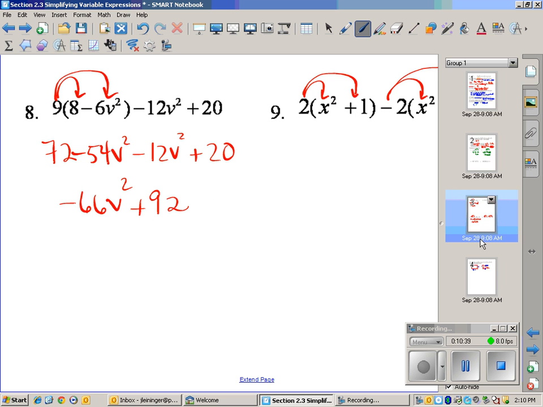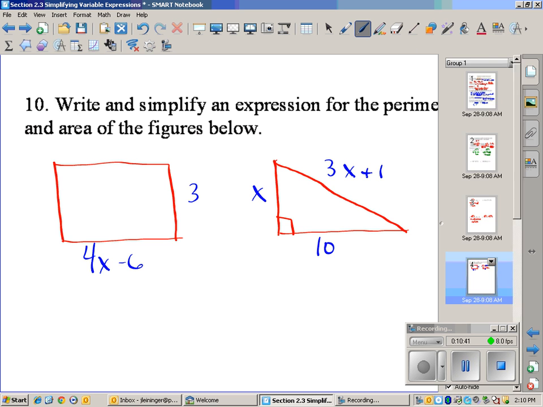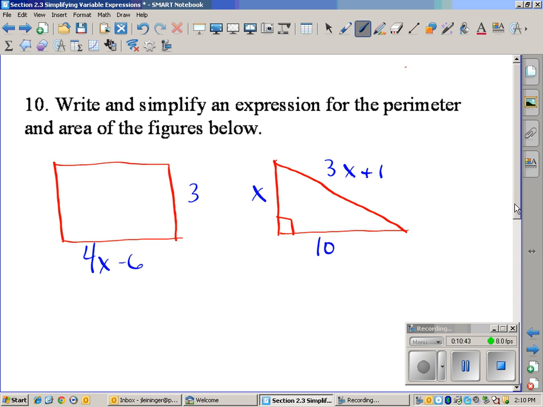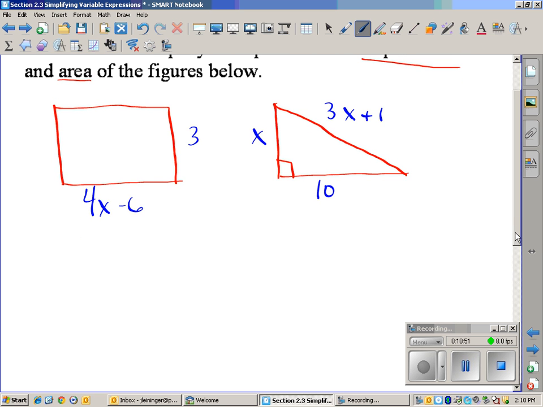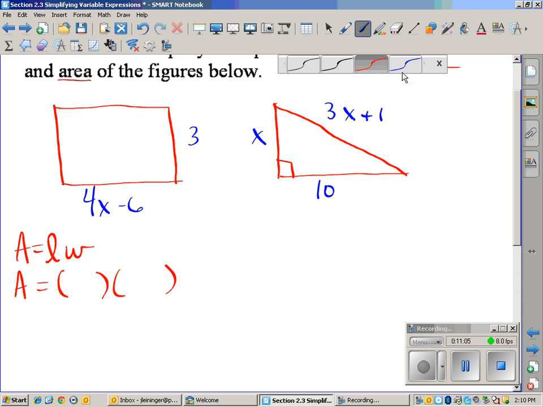We've got one last little back page to look at. Of course, we're going to do some area and perimeter. You know we're going to do that all year. They want us to do both the perimeter and area. I'll do the rectangle, and I'm going to leave the triangle for you for homework. Let's start with area. Formula first. Shell second. Plug it in third.